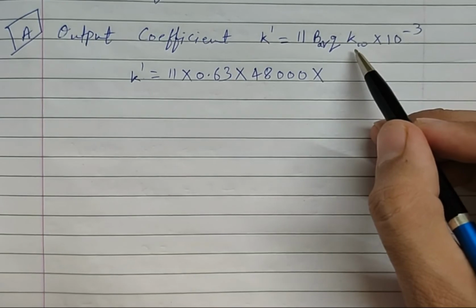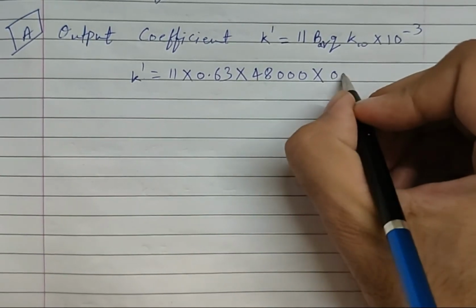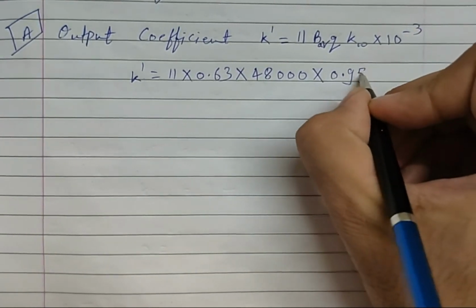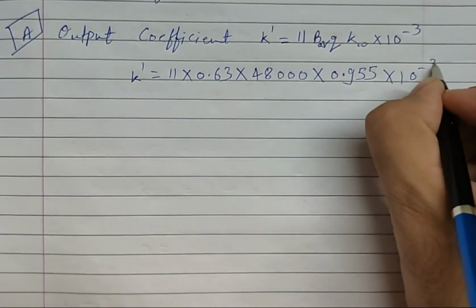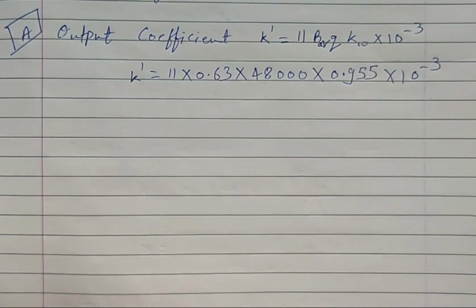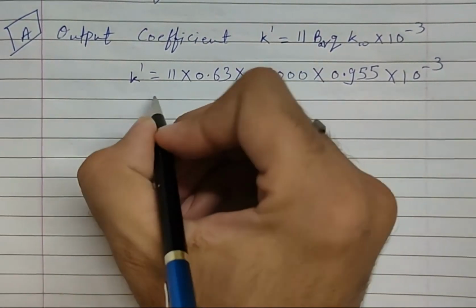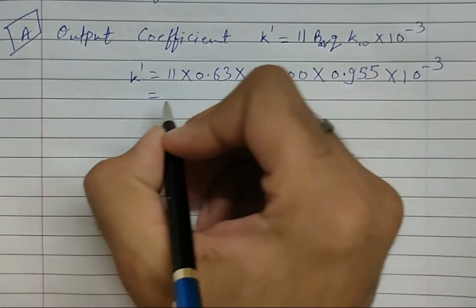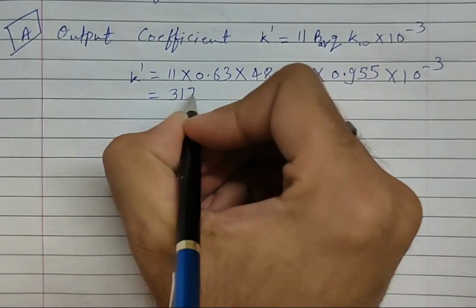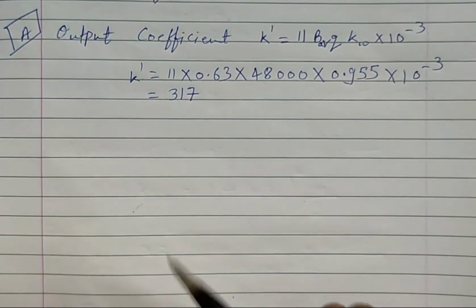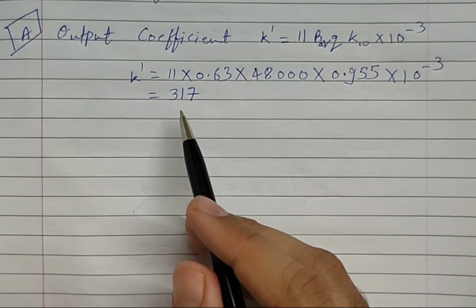The stator winding factor Kw, again the value is given as 0.955, multiplied by 10 raised to minus 3. On multiplying these terms, we get the value of K dash as 317. So the output coefficient is 317.